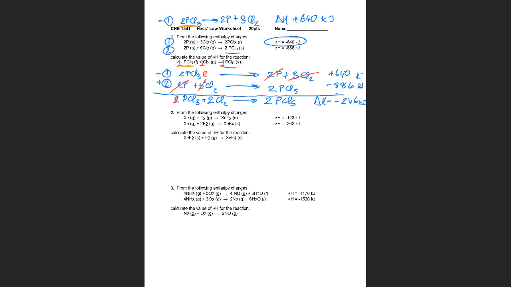And you've found the energy for 2 moles of PCl3 and 2 moles of chlorine and 2 moles of PCl5. I'm just going to divide everything in half. So 1 PCl3 plus 1 Cl2 going to 1 PCl5 is negative 246 over 2, which is negative 123 kilojoules, exothermic.